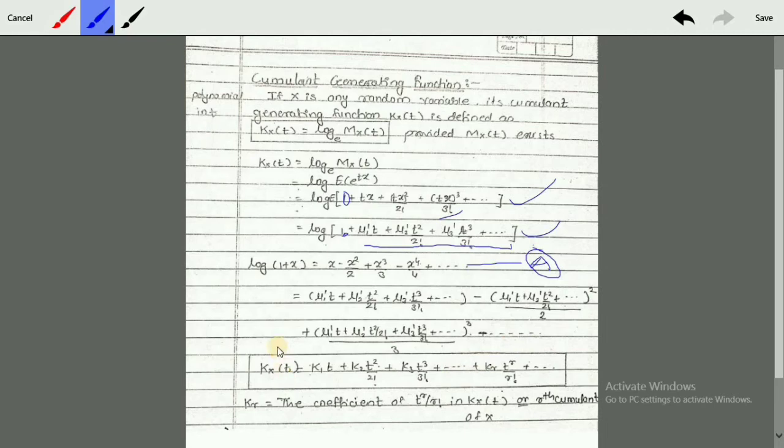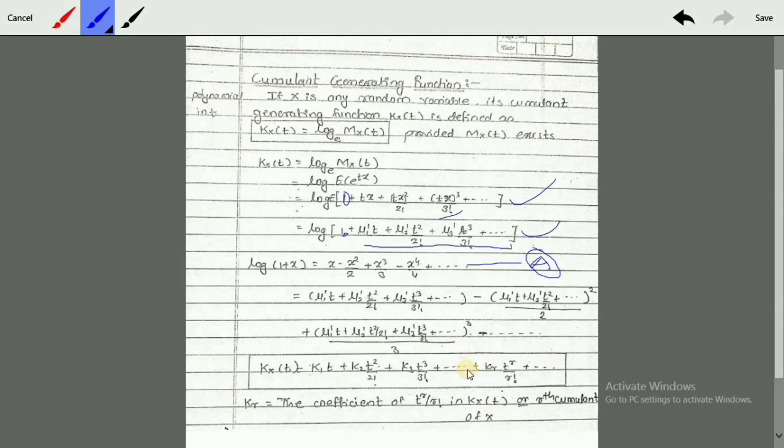So we will get the expression for Kx(t) like K1 into t, the second term is K2 into t square by 2 factorial, and this term is K3 into t cube by 3 factorial, plus so on up to infinity.